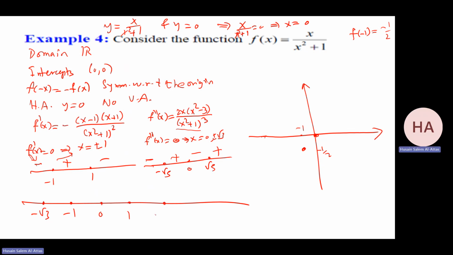So this is decreasing, then it's increasing, then it's decreasing. This is concave down, concave up, then concave down, then concave up. Okay.